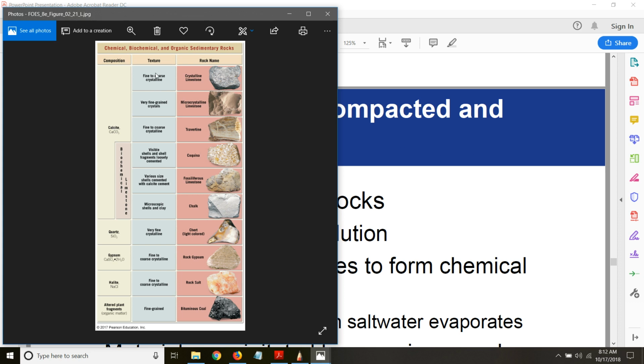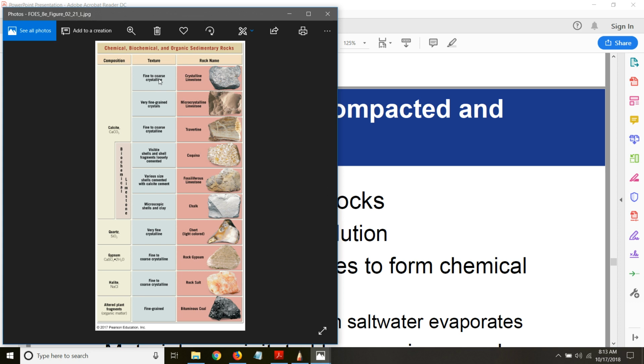And again, based on the size of the sediment, you can further classify them from fine to very fine, and then fine to coarse. And then there are these other types of calcite which are formed from biochemical activity.